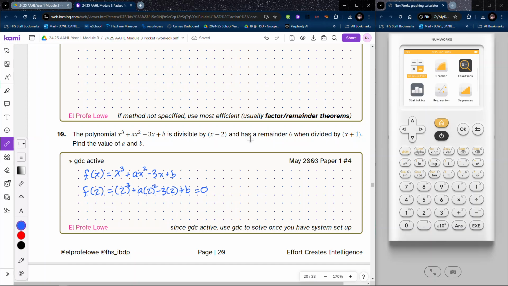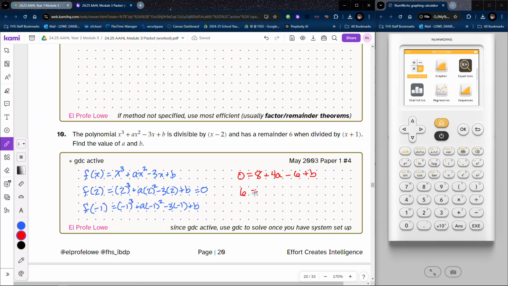All right, and if we have a remainder of 6 when divided by x plus 1, that means that f of negative 1 is going to be negative 1 cubed plus a times negative 1 squared minus 3 times negative 1 plus b. So if I evaluate my first one, 0 is going to be equal to 8 plus 4a minus 6 plus b.